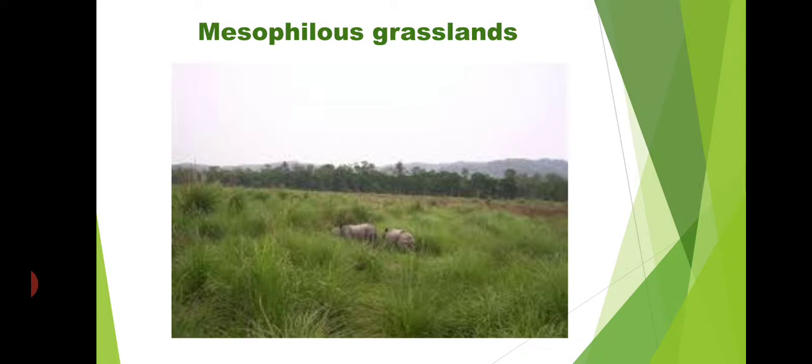There we can see extensive grassy flats or grassy plains, seen in the moist deciduous forests of Uttar Pradesh. A natural savanna we can see in Uttar Pradesh. The dominant species include Saccharum species, Saccharum munja, then Saccharum narenga, etc. These are the types of grasses in the savanna area.